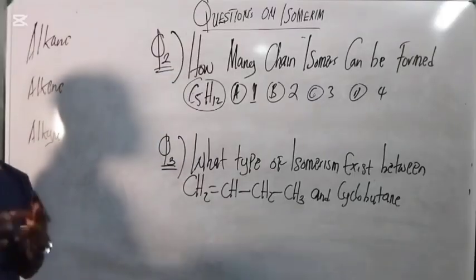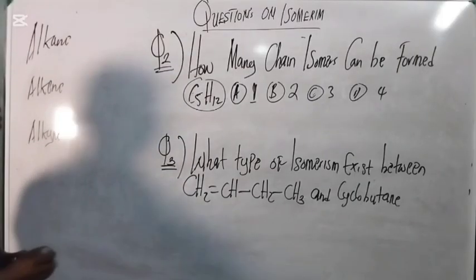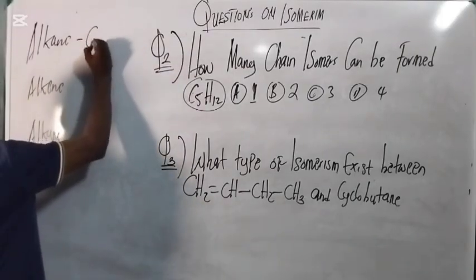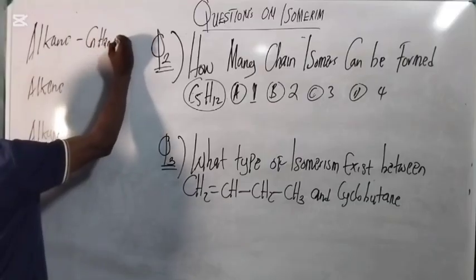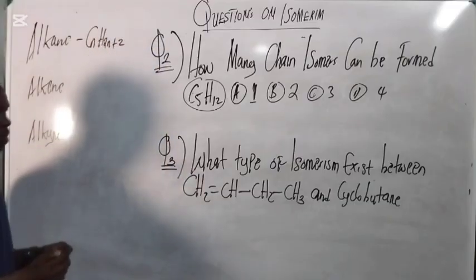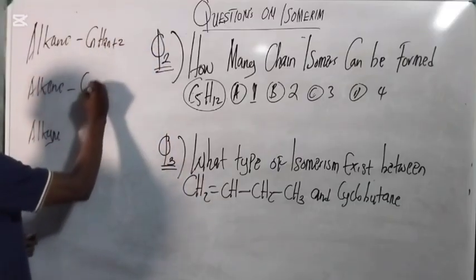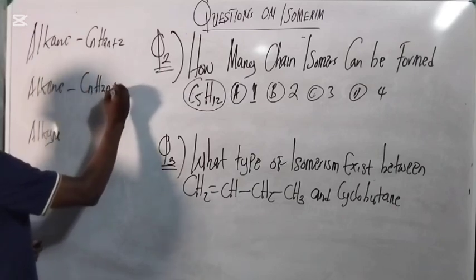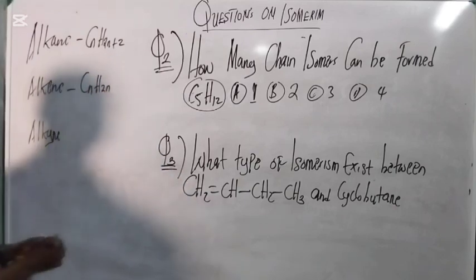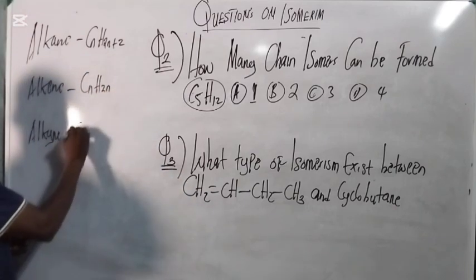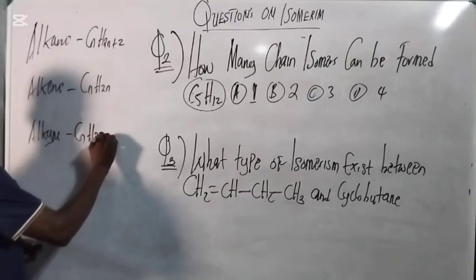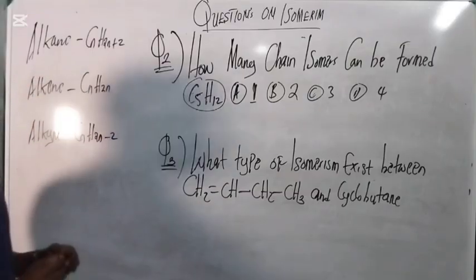Remember, each of them has its general molecular formula, which is CnH2n+2 for alkane, CnH2n for alkene, and CnH2n-2 for alkyne.